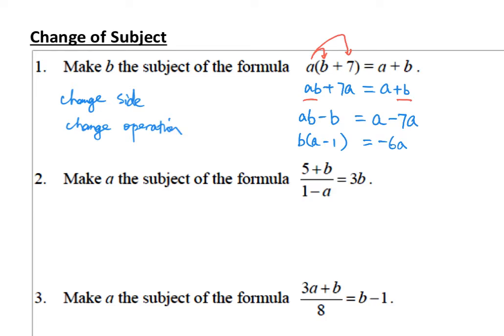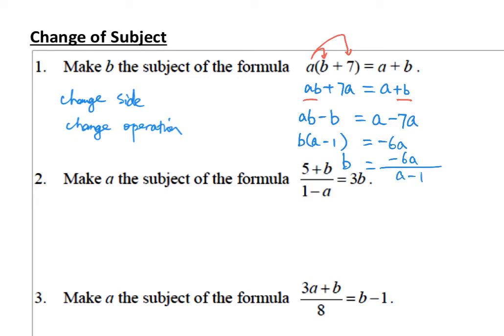I want to move bracket a minus 1 to the other side, right? When you move to the other side, change operation. This is b times, so it's multiplication, so you need to change to division. So b equal to negative 6a divided by a minus 1.